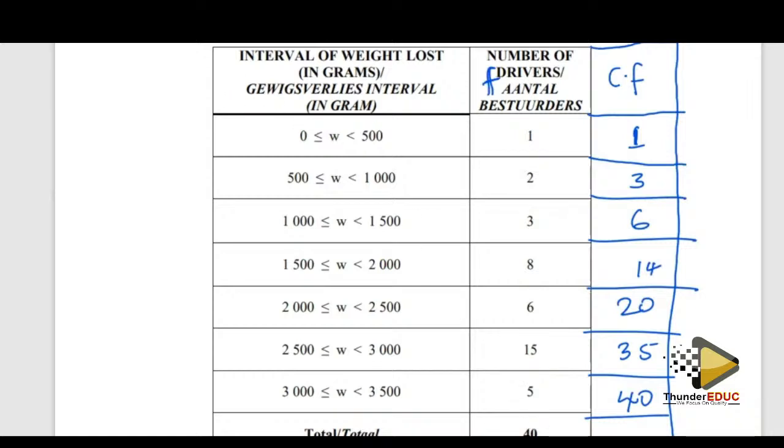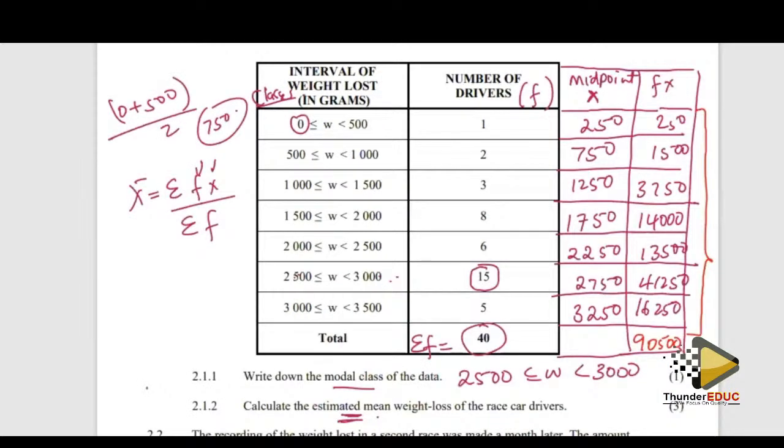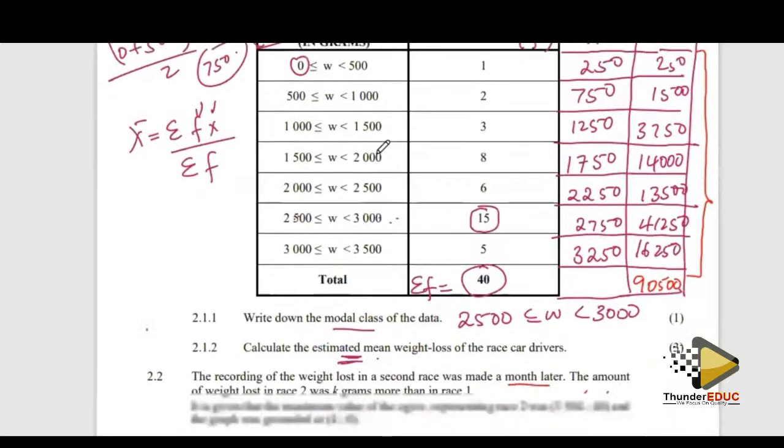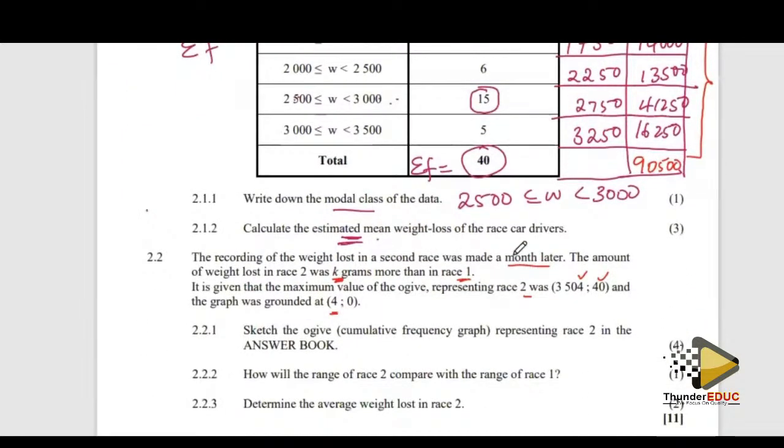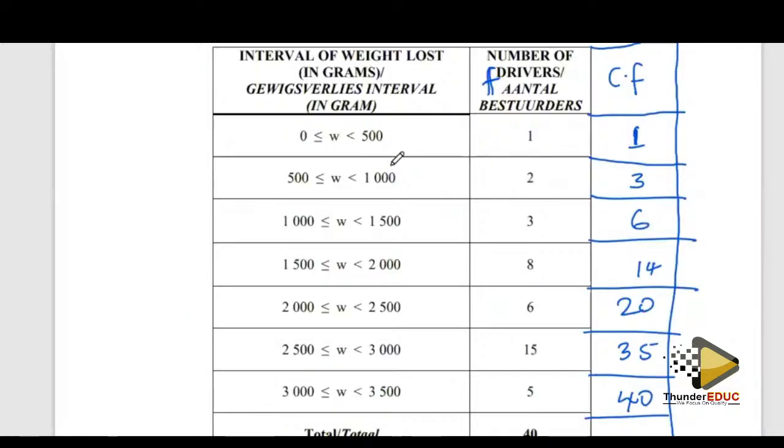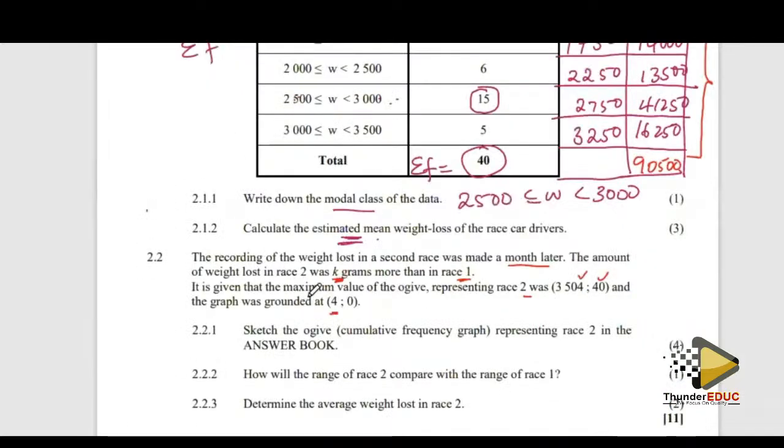Then, if we go back to what they told us, remember, these values are for race 1, but we want to play around with this to create the race 2 values. The recording of the race was made 1 month later, and the amount of weight lost in race 2 was k grams more than in race 1.